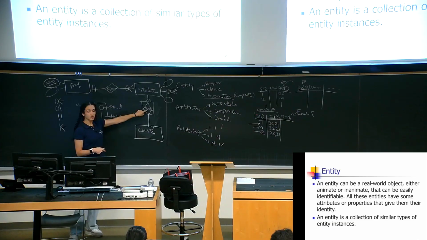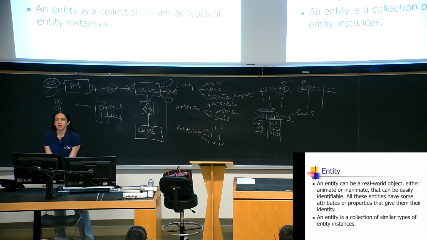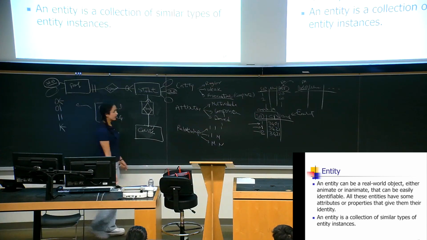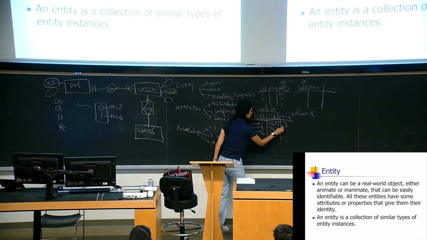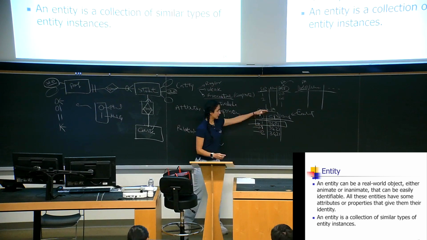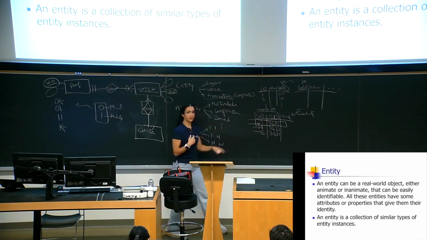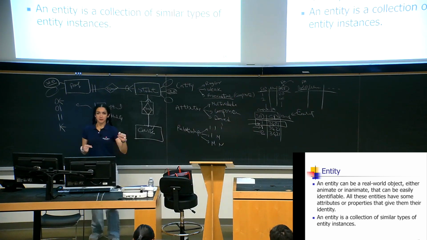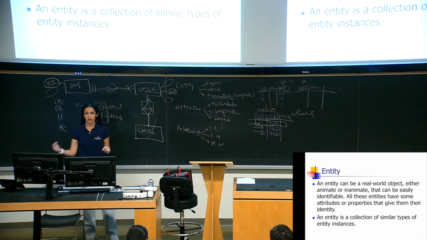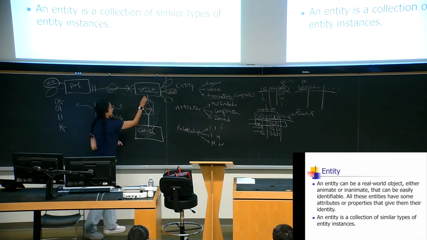So for each enrollment, can we have multiple students? One student, right? Because each enrollment, which represents a separate row in the enrollment table, is specific to a course and specific to a student. So this should be one.